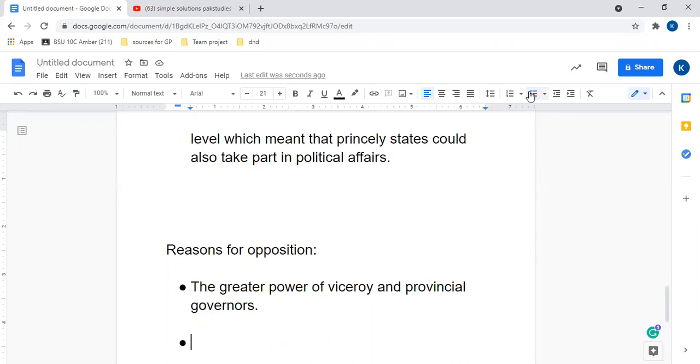This means that only few people could vote, and all sides in India opposed it, from the princes to the Congress to the Muslim League. So there was little progress in gaining support. So we can say a small amount of people could vote.